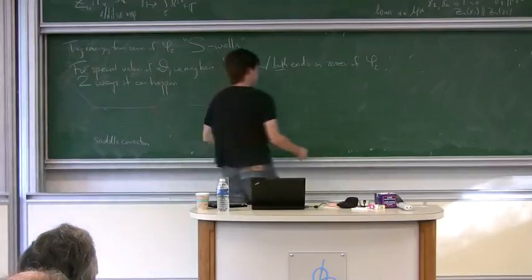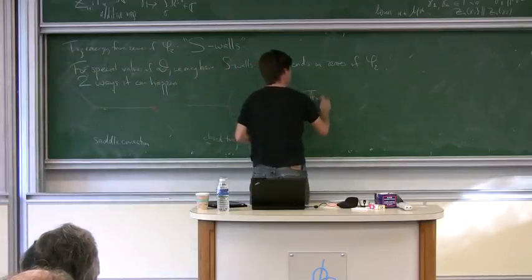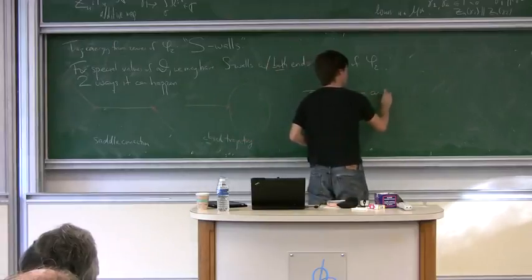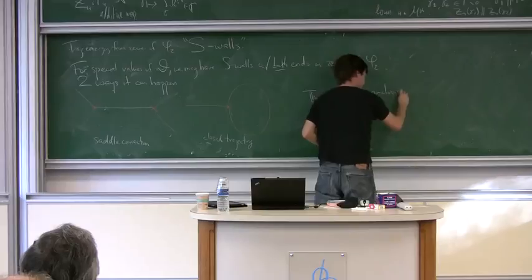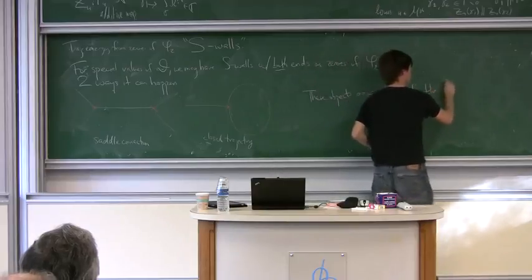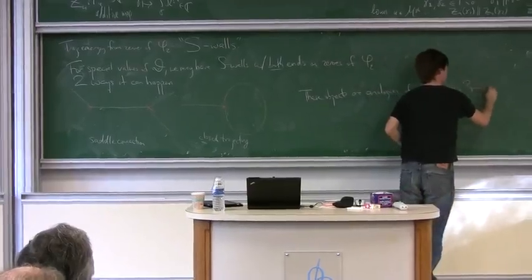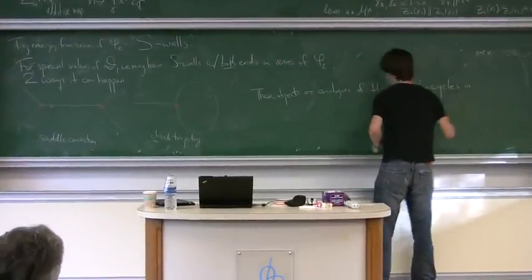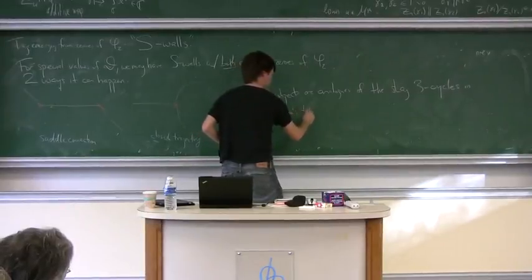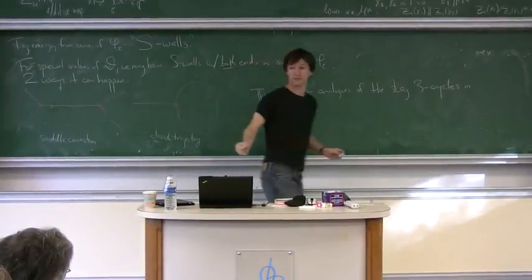So these objects are analogs. In fact, the analogy can be made sharp, but let me not try to say it right now. These are analogs of the special Lagrangian 3-cycles in Maxime's talk. Actually, they're not analogies, these are special Lagrangian 3-cycles for a local Calabi-Yau.